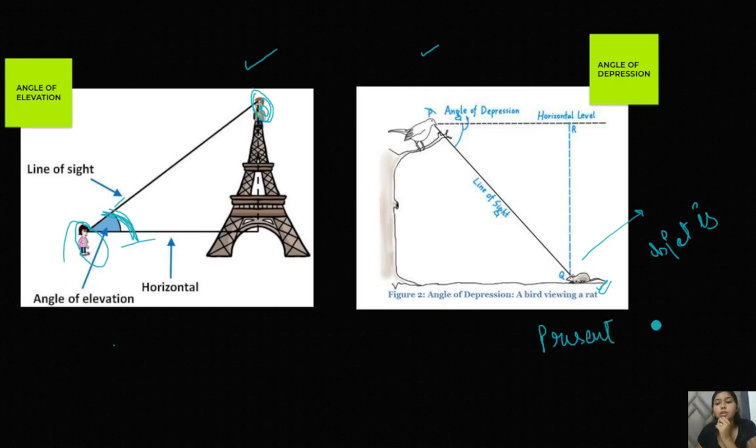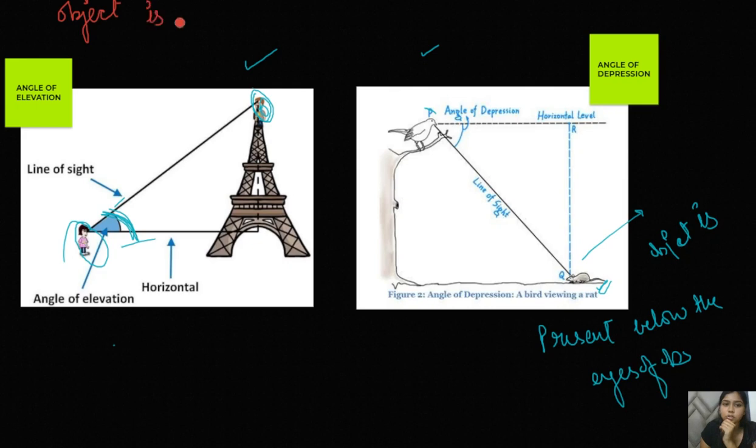When the object is present below the eyes of the observer, this is that case. And in this particular case the object is present above the eyes of the observer. I hope that's clear to you.